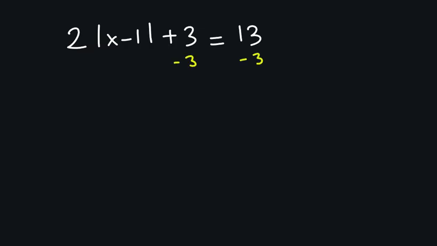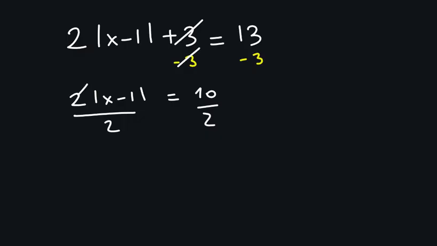So the expression becomes 2 times absolute value of x minus 1 equals 13 minus 3, 10. Next step, we'll be dividing both sides by 2. 2's on the left side are cancelled out. So I have x minus 1 in absolute value equals 10 divided by 2, which is 5.